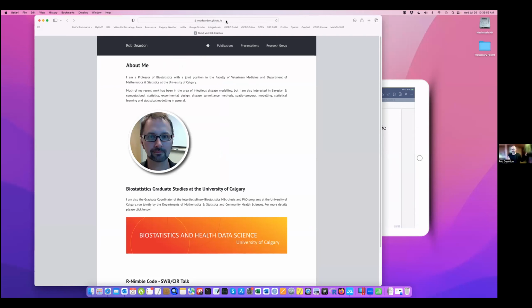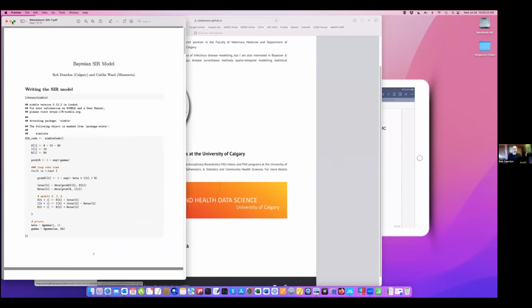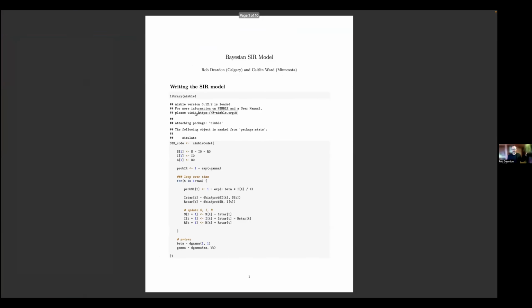I had a University of Calgary one, and then they got rid of their web hosting, and so I've got a new GitHub-based page. If you go down to the bottom of the opening page, you'll see that there's our Nimble code for today's talk. The markdown file is there. If I click on the PDF, that will download, and I'll just briefly show you what's in this.